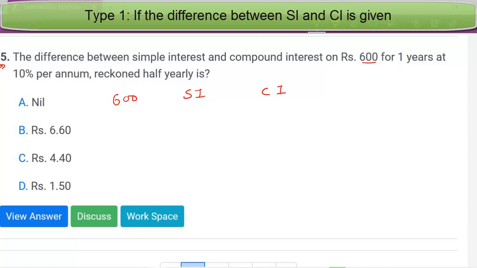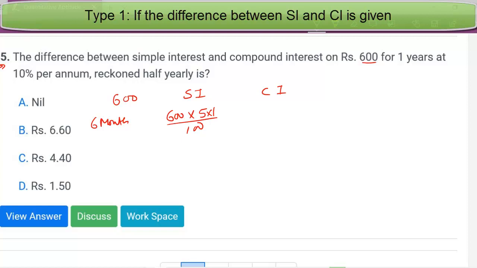What is happening basically is that in the first 6 months you are getting some simple interest, and how much? That is 600 multiplied by 5 into 1 by 100. This 5%, because it is 10% per annum, so in 6 months you will get 5%. This is simple interest for one interval, that means a 6 month interval.